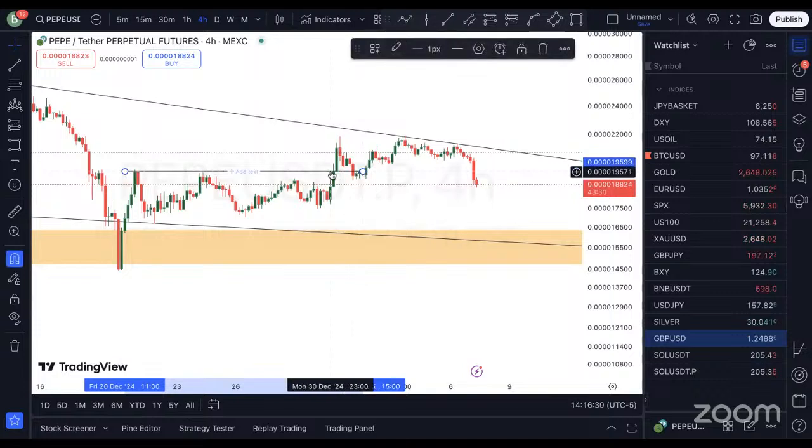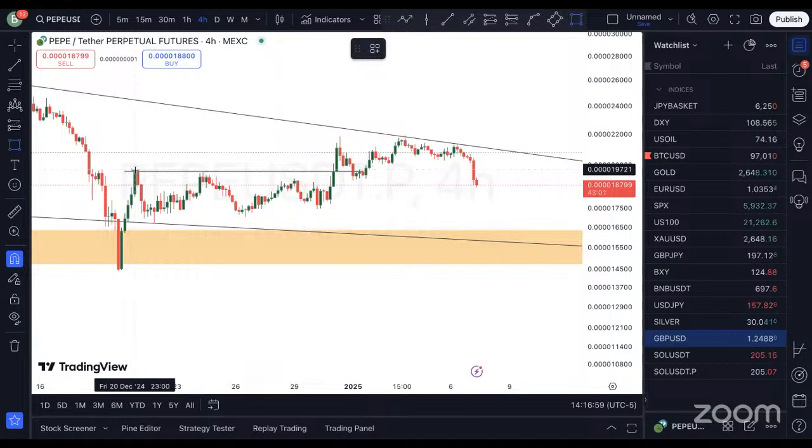After it was broken, price came back and tested this area, which is not a breaker block because price did not go down. So what's the name of this area? Who can tell me the name? Mitigation block. So price is currently at the mitigation block, this particular green candle.